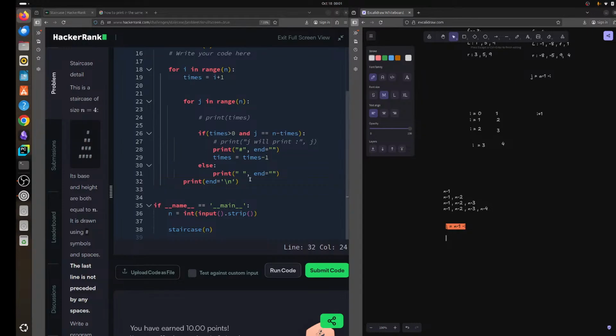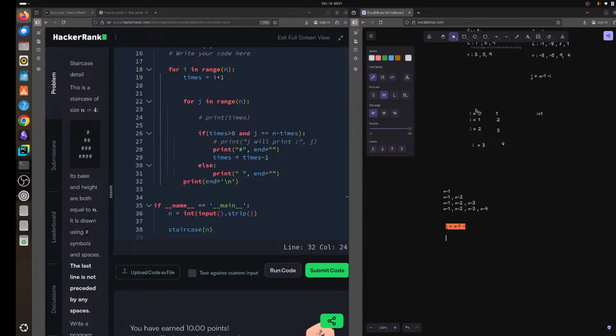So from there the concept comes: instead of n minus 1 minus i, we can directly put times, decrease times every time we print one, and check if it is greater than 0. If it is not greater than 0, it won't decrease times any further, and for times we give i plus 1.